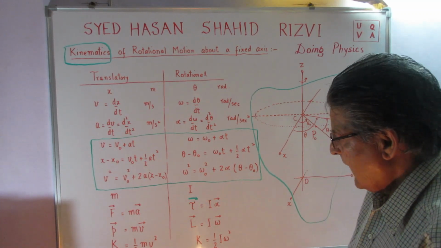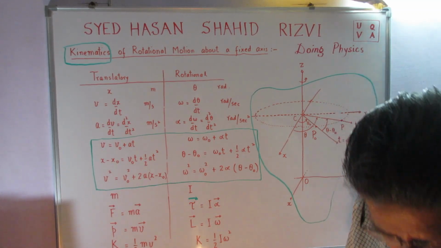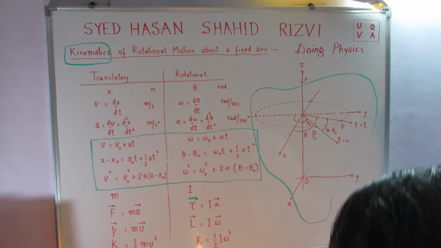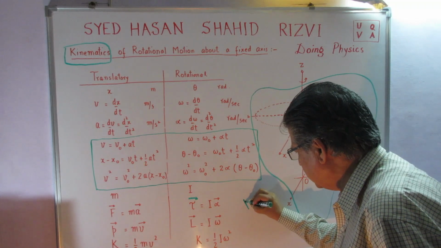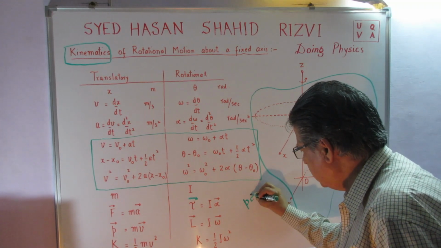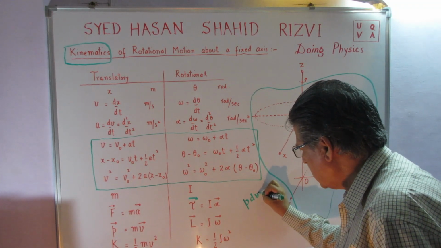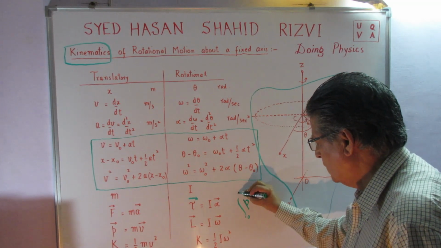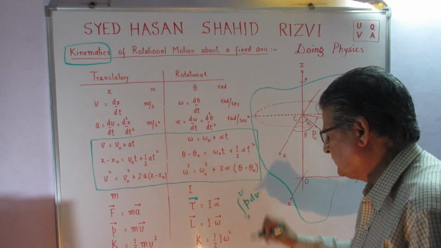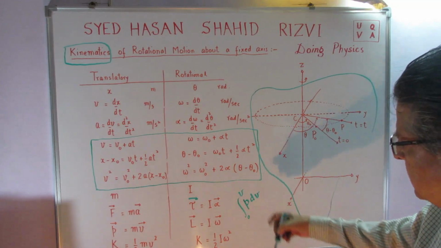Remember, I derived the kinetic energy by the formula p dv, and I integrated it between the limits 0 to v, and this turned out to be equal to mv dv.